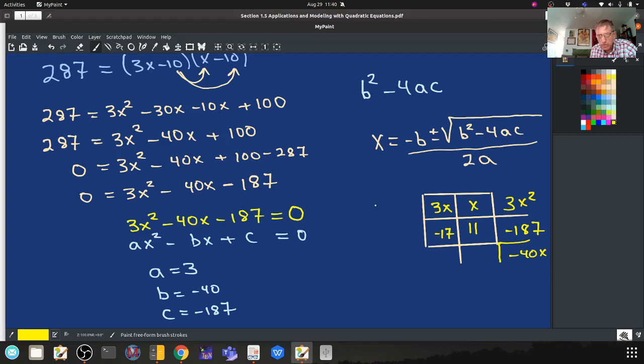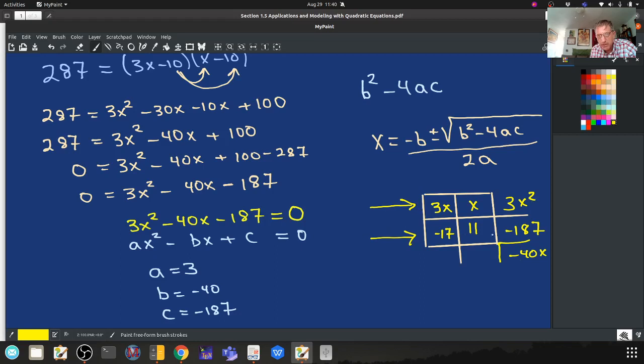So what we do here is we multiply across. I filled in the answers, but we want my top row to be 3x squared. Then you skip to the end and put the constant term, and at the very bottom corner you put the middle term. So you have to fill in the boxes so that when you multiply across you get 3x squared.